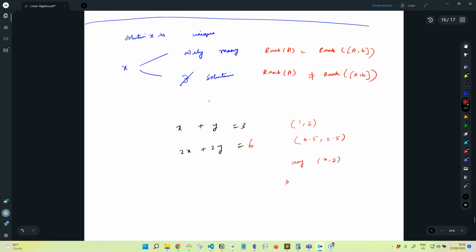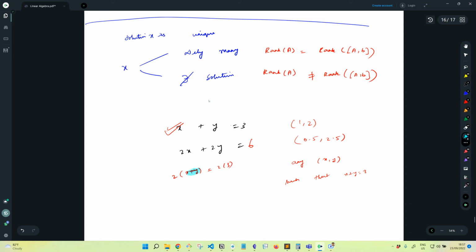right? In fact, let me convince you that any solution, any x comma y, such that x plus y equals 3, if you simply satisfy the first equation, will satisfy the second equation also. Why? Because the second equation is a scalar multiple of the first equation. I can write the second equation as 2 into (x plus y) equals 2 into 3.